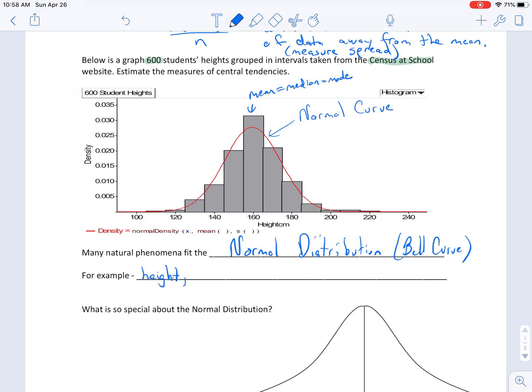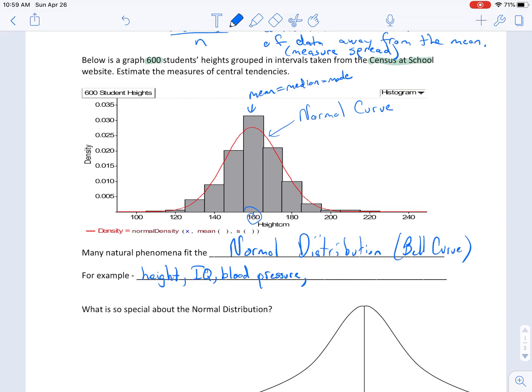And for example, obviously here we put height, but a lot of naturally occurring things about us or about nature fit here, like the distribution of IQ scores for people, or physiological things like blood pressure. The blood pressure of people fits here, where the average blood pressure would be in the middle, somewhere, whatever that average blood pressure is.